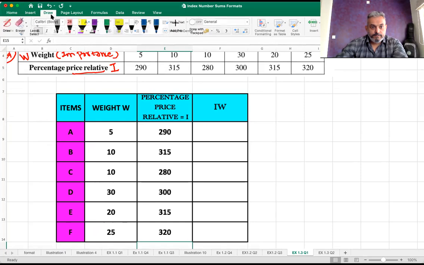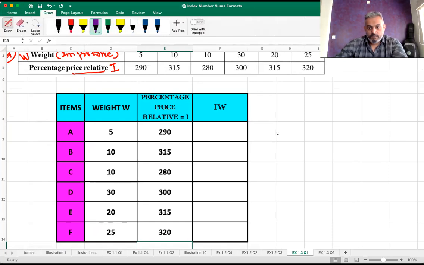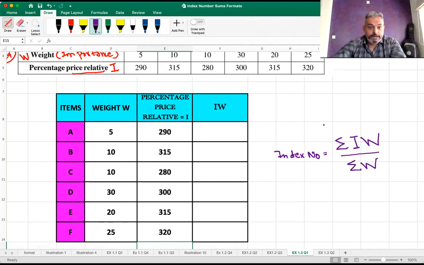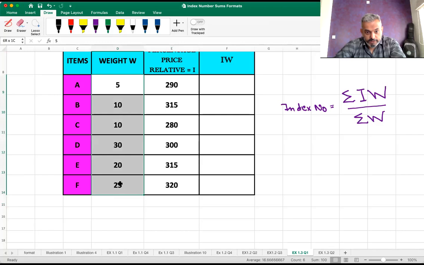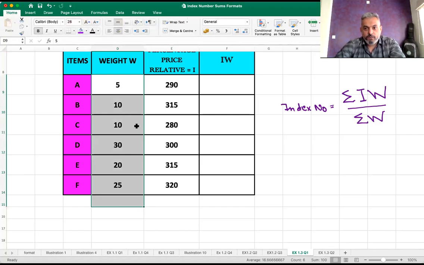Formula is index number is equal to sigma IW upon sigma W. For sigma W we have to find the total. So here we need to find the total of all this, sigma W. So it comes to 100.